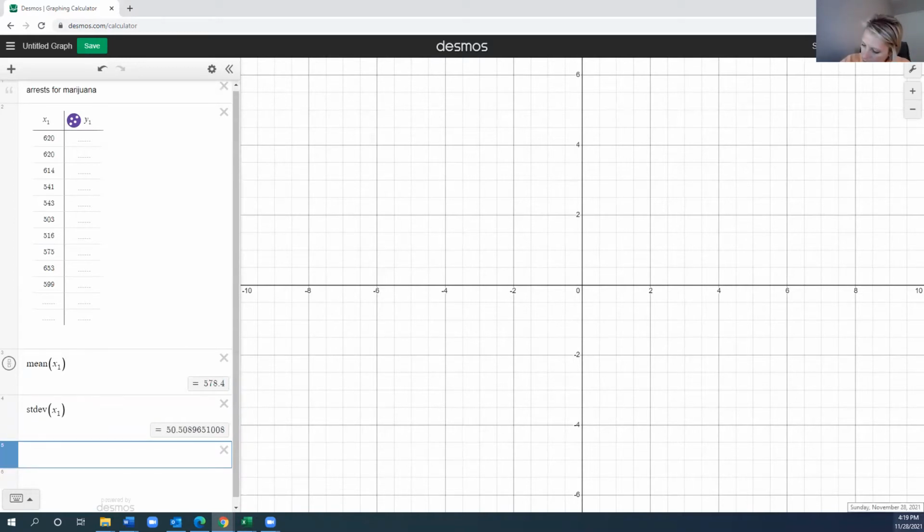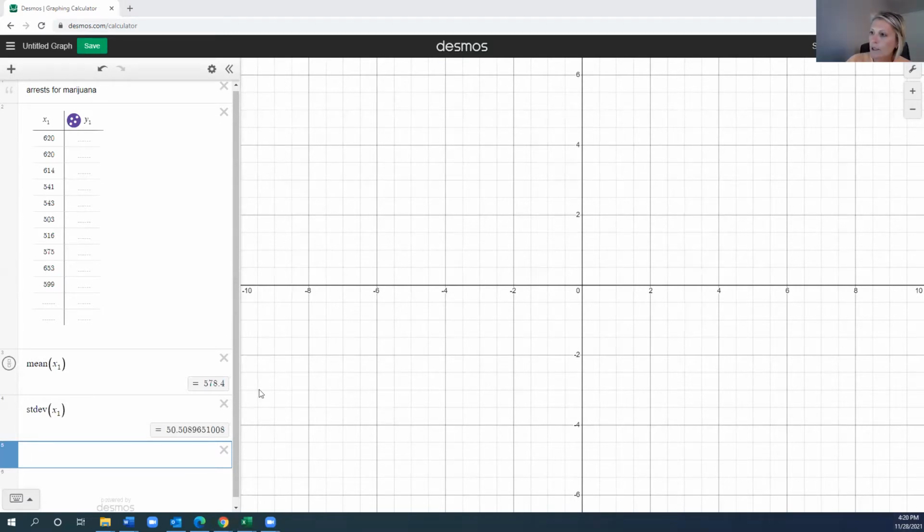So the mean, X bar, is 578.4 in thousands. So it's really 578,400 arrests. And then the sample standard deviation is 50.509, which is 50,509 arrests. And I will show you my paper here.